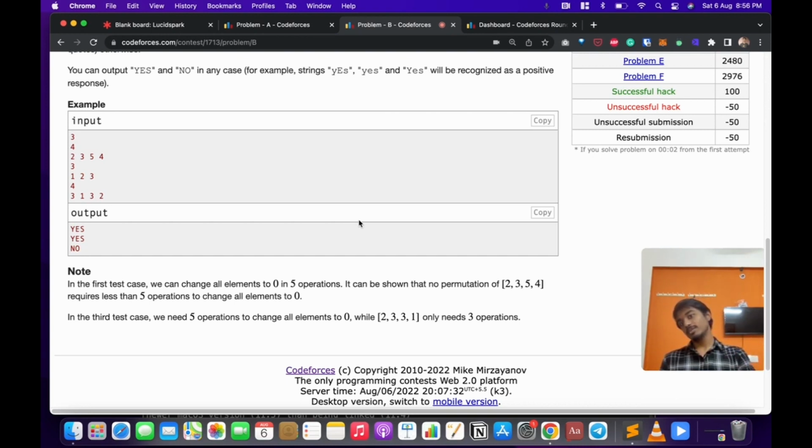Sorting it, it's consecutive: 2, 3, 4, 5. So 2 minus 3, 2 plus 2 minus 3 plus 3 minus 4 plus 4 minus 5. So 2 plus 3, that is 5.